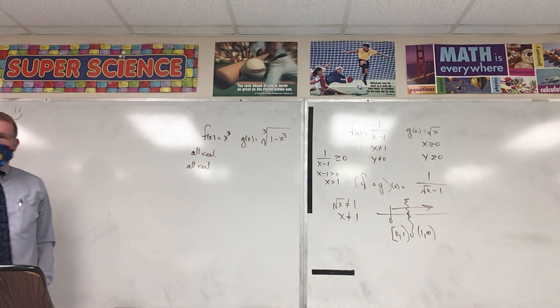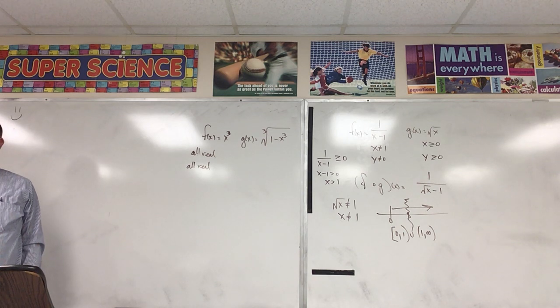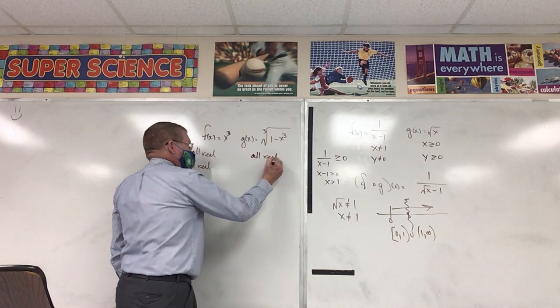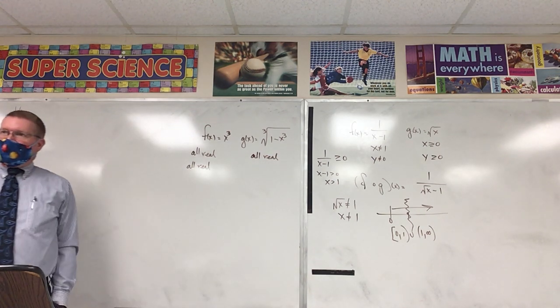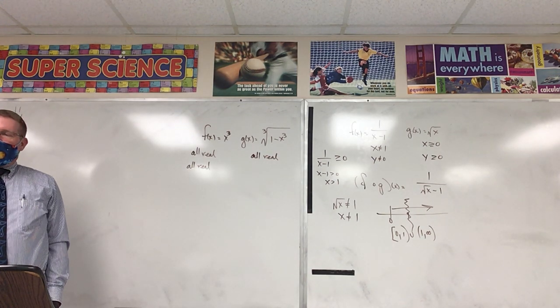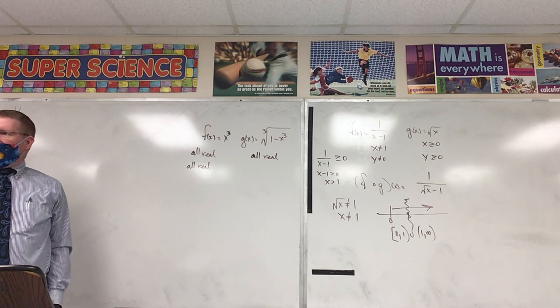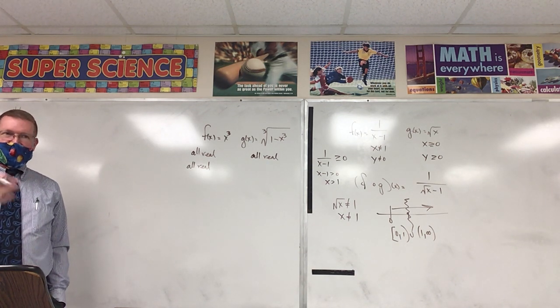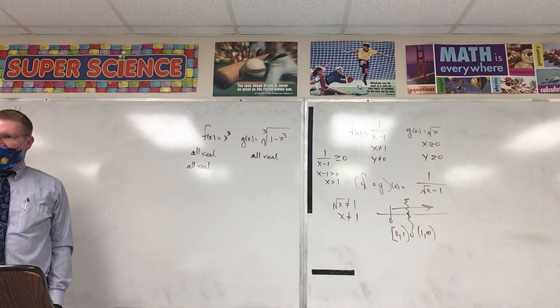Cube root function. What's my domain? That's a good question. All real. Because can I take a cube root of a negative? No. Yes, yes, I can. Cube root of negative 8 is negative 2. So I'm going to take the cube roots of negatives, positives, and 0.